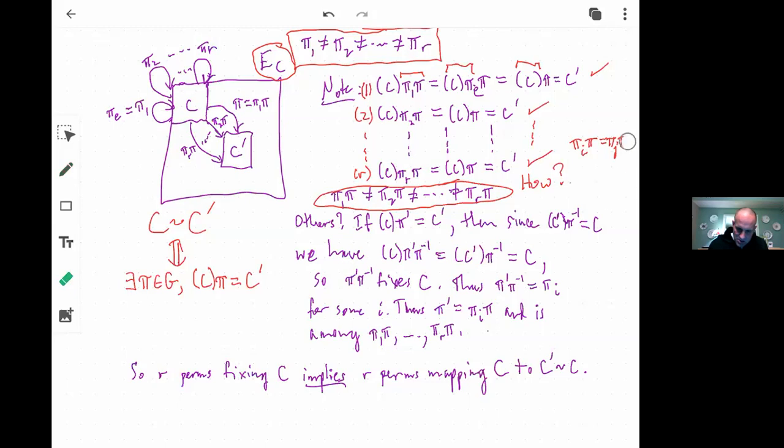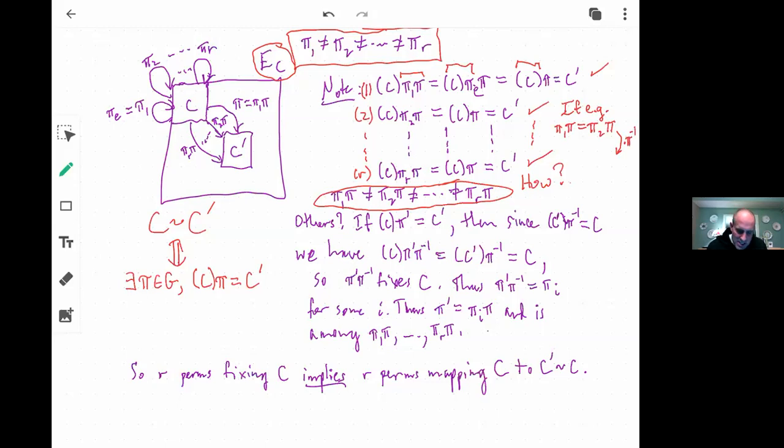And in fact, maybe that's a better way to write this, just to make sure that we're on the same page. Let me just say, for example, if pi 1 pi were equal to pi 2 pi, then you could operate on the right by pi inverse on both sides.